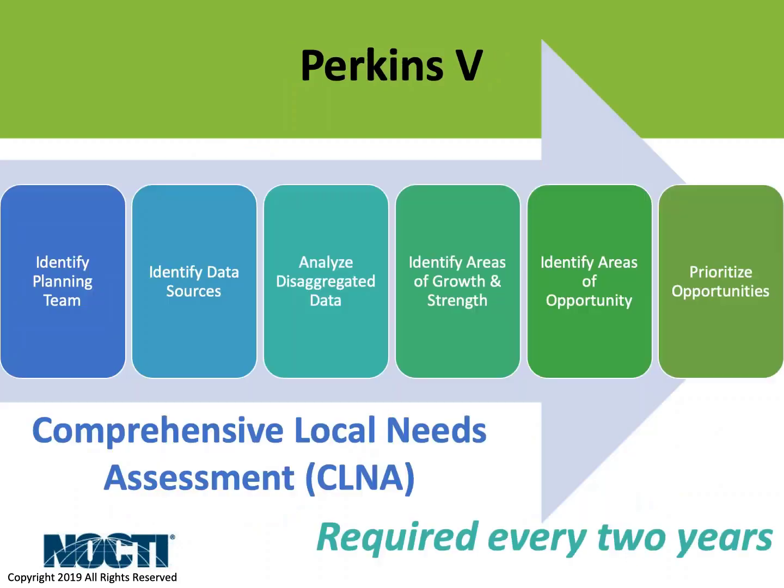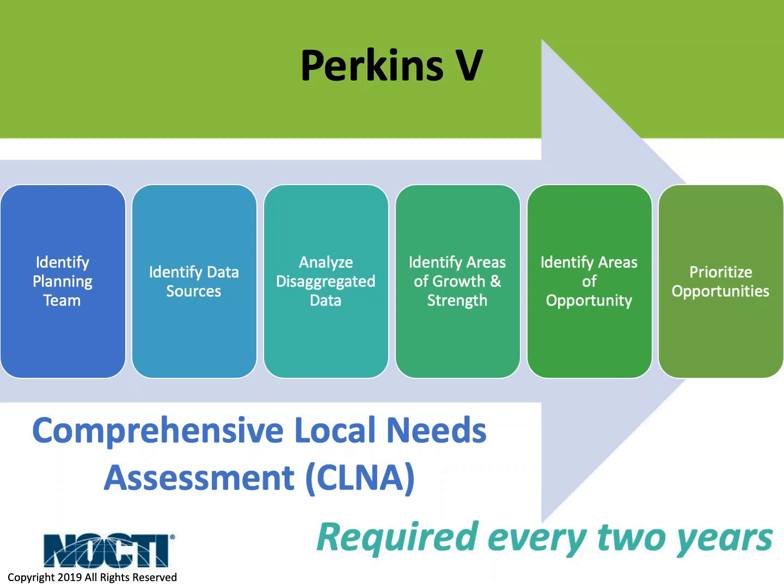And when you think about that process as it relates to the comprehensive local needs assessment, they are kind of aligned. You have a planning team, data sources, disaggregated data, identification of areas of growth and strength, identification of areas of opportunity, then a prioritization of the opportunities.